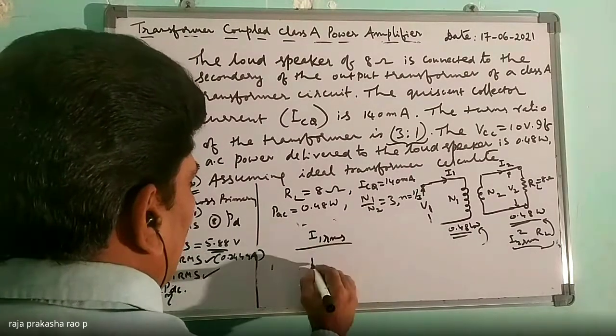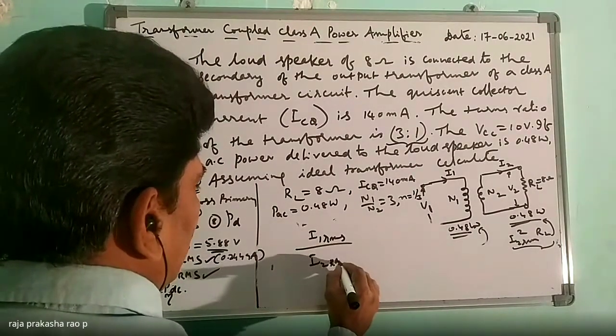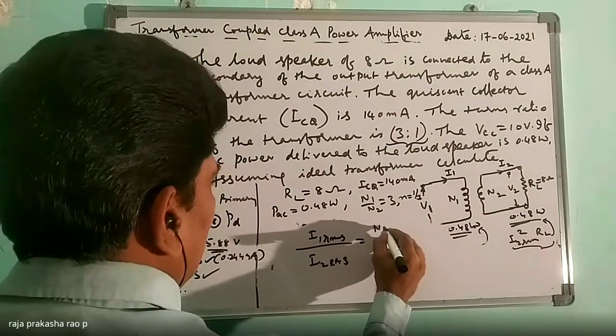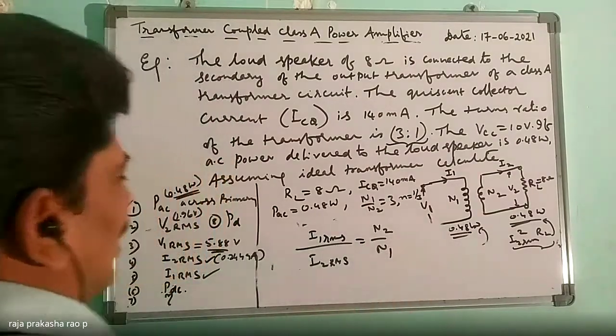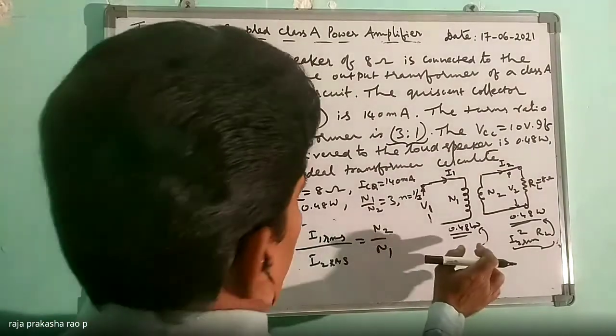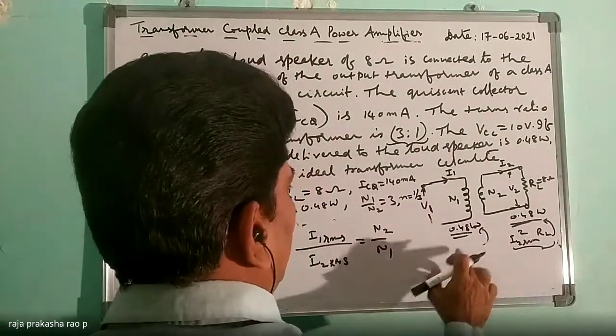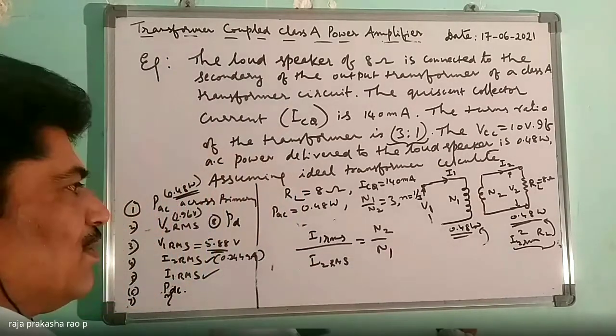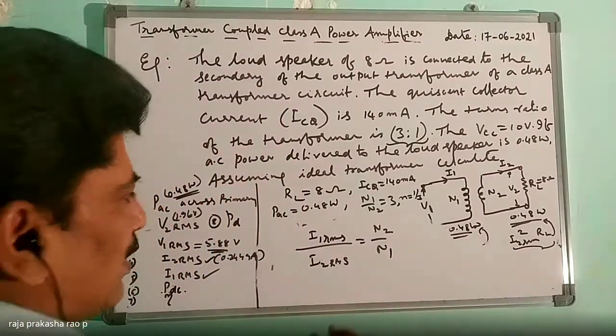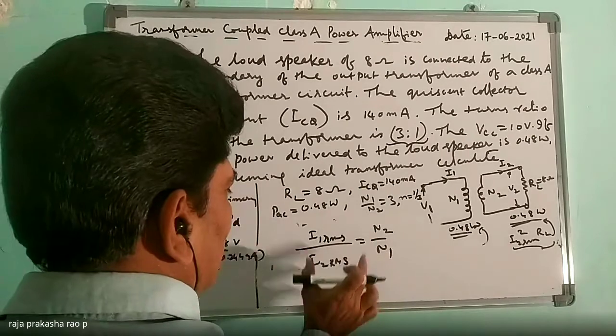I1 RMS is not known. I2 RMS is known, and I1 RMS equals I2 RMS into N2 by N1. Or you can use the power equation, I1 RMS square into RL dash is equal to 0.48. You can use either this or the transformer equation.